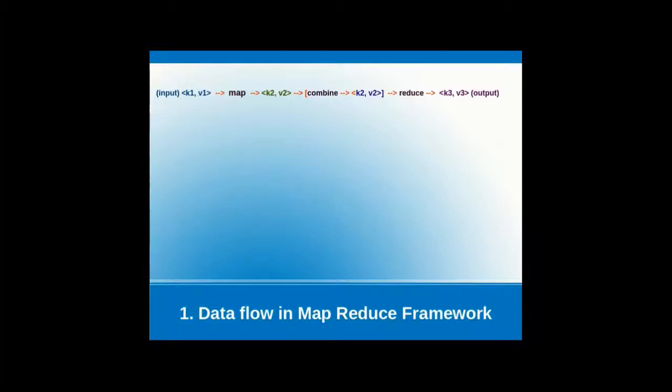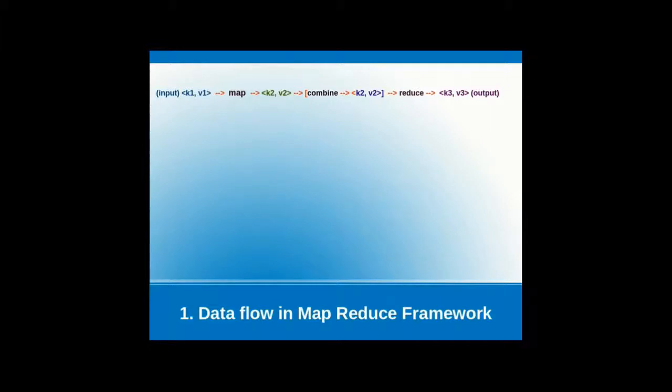The file will be read by the map in line by line mode. The key will be the offset of the line and the value will be the entire line. If there are 100 lines in the file, the map method will be called 100 times, and it will apply the logic in the map method and create an intermediate output as k2 v2, which will be taken by the reduce class.